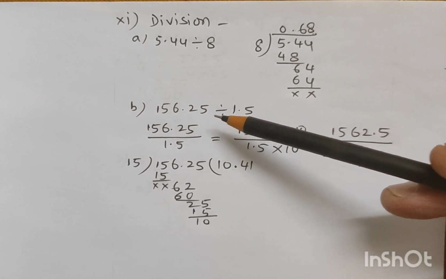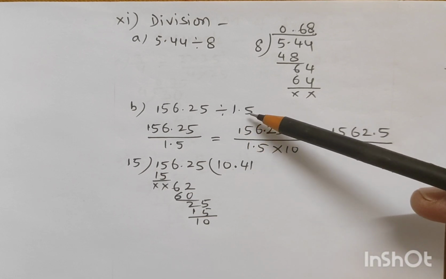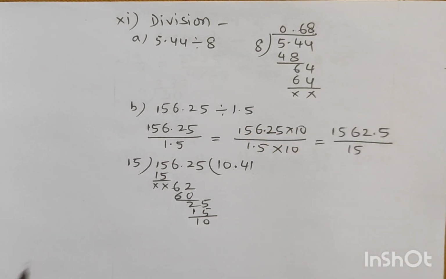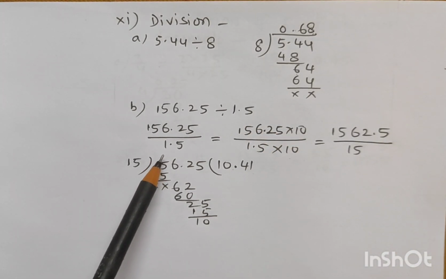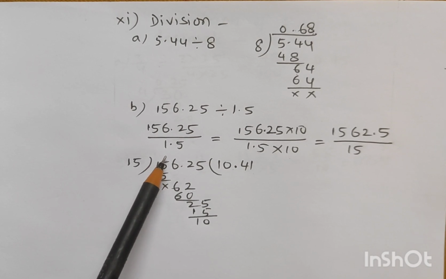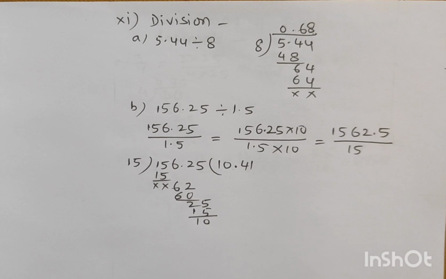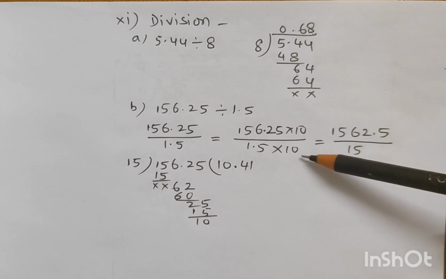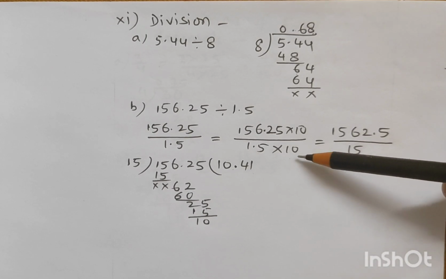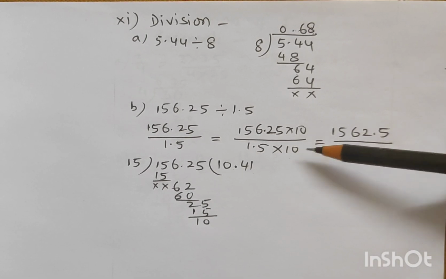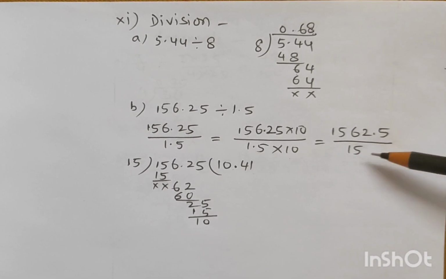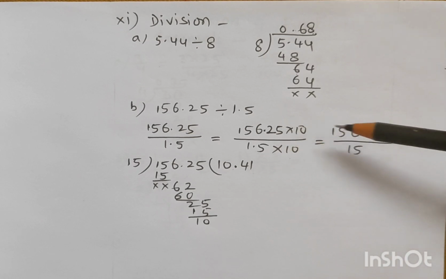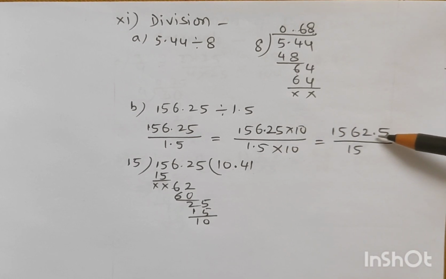Now 156.25 divided by 1.5. In the denominator we have a decimal number, so we have to eliminate this decimal part. We multiply by a suitable multiple of 10. We multiply by 10 here and we get 15, and here we have multiplied by 10, we have got this.